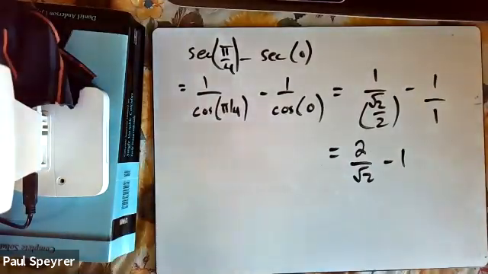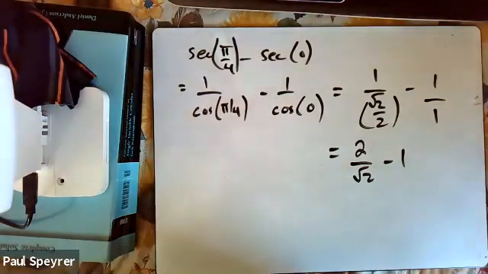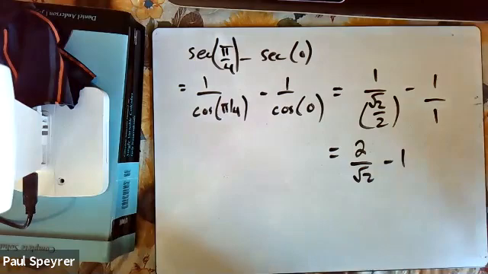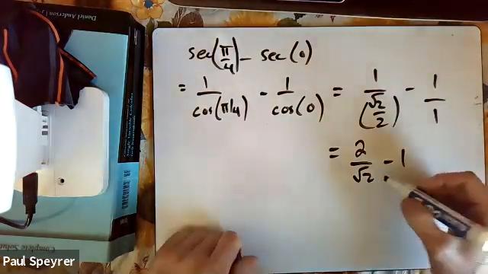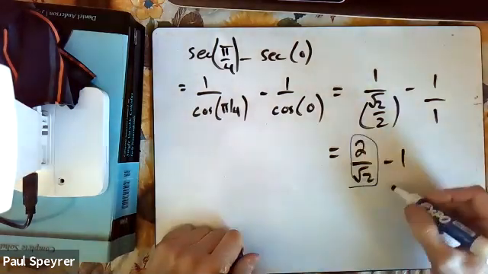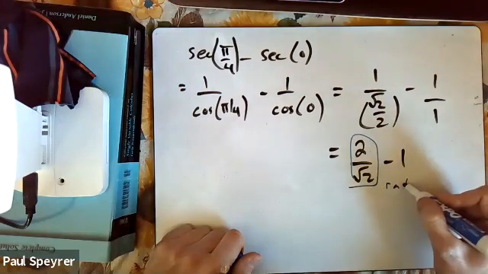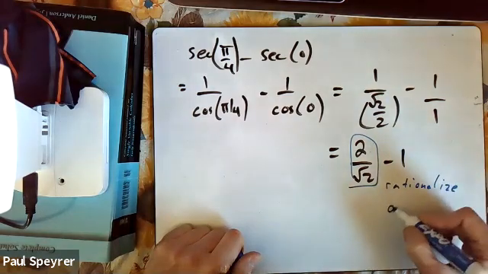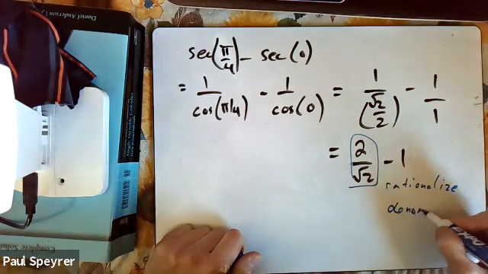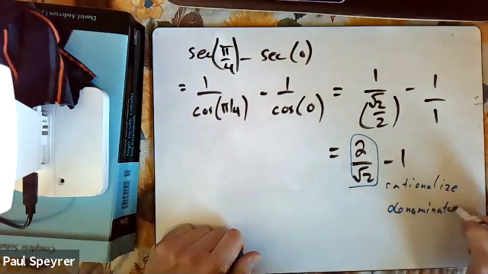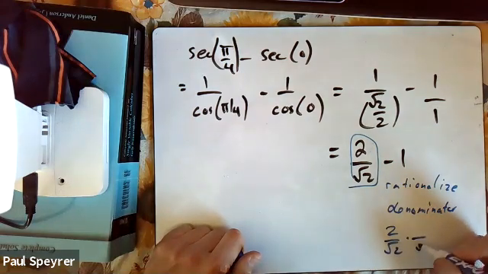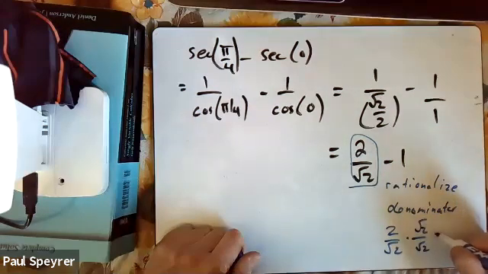And we're not quite finished with this one yet. Why? Because we have a root in the denominator. Remember, you have to rationalize the denominator. Remember how you do that is you just multiply top and bottom by whatever that denominator was.